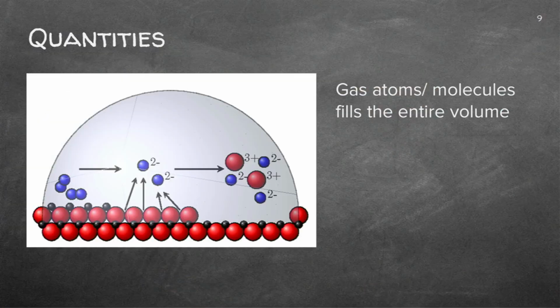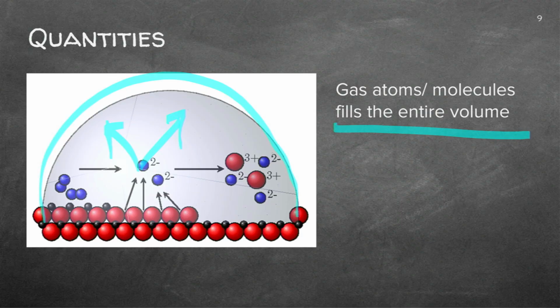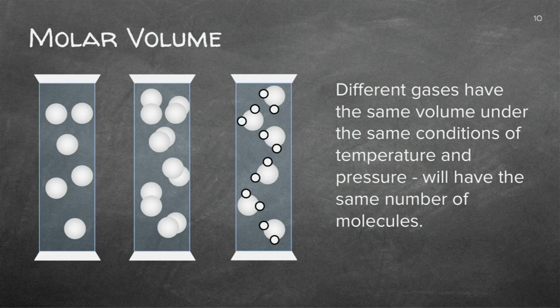Just another picture of gases. Can you see here? I've got gases that can move, and very important, it's a closed container. So it fills the entire volume by moving, and you've done a little bit of the kinetic movement of gases. I've got 3 containers here, different gases. Can you see here? I've got atoms. In this one, I've got molecules. Can you see this is a diatom? 2 of them bound to each other. And in the final instance, I've got a molecule again.